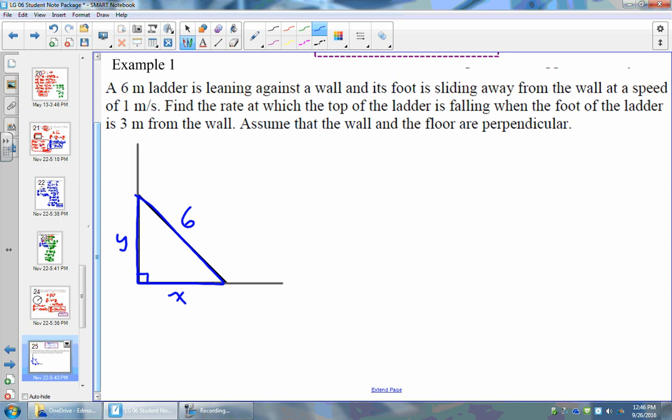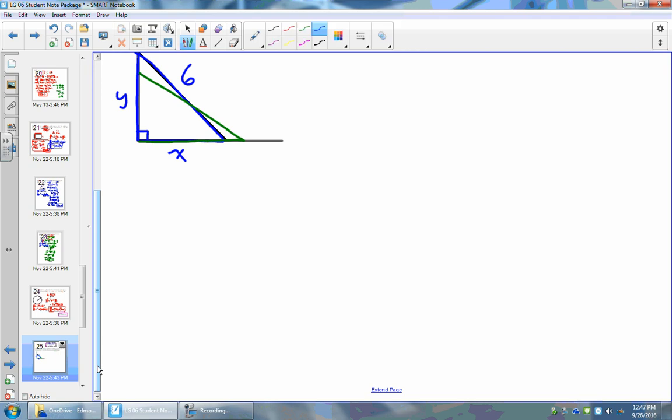It's saying that its foot is sliding away from the wall at a speed of 1 meter per second. So this side is getting longer, and the top of the ladder is falling. If we time-lapse this, this is what a later stage of the ladder would look like. Now, let's label things.